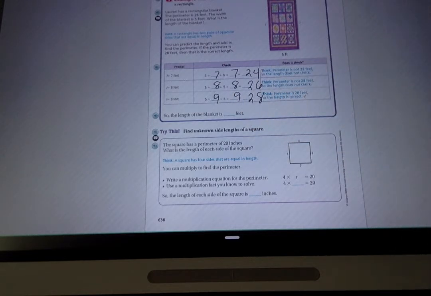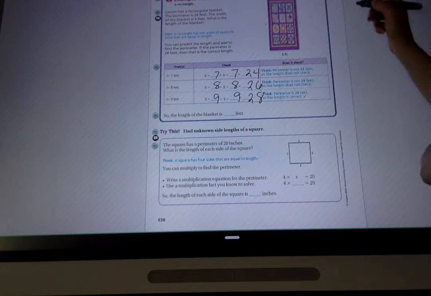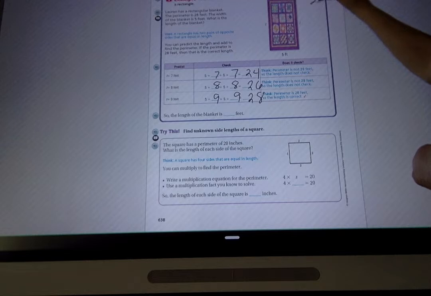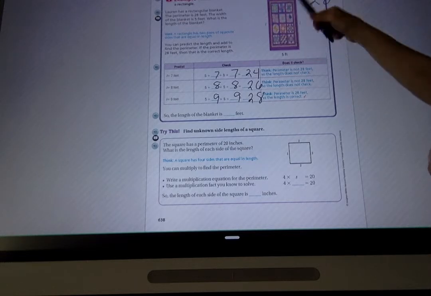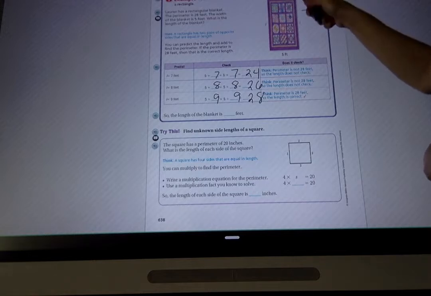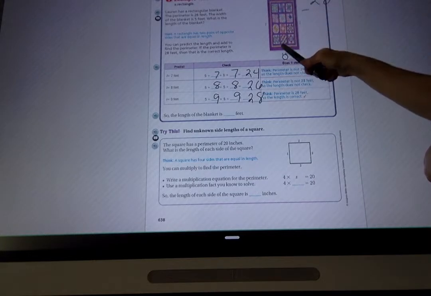But here's how I would like to figure that out. I know it's 28 feet all the way around. And I'm going to subtract my 2 widths. 5 and 5 is 10.